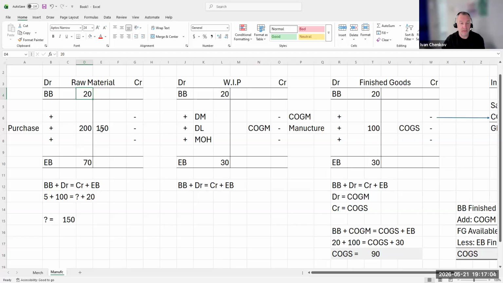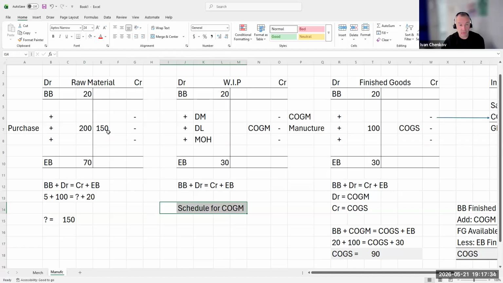All right. So now let's do our calculation here. Let's do one schedule for cost of goods manufactured and see how we're going to do this schedule. In order to prepare cost of goods manufactured, we have to go through two steps.